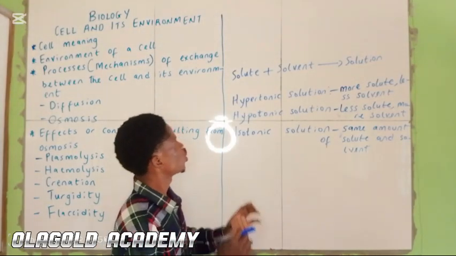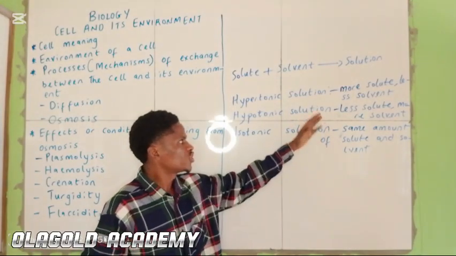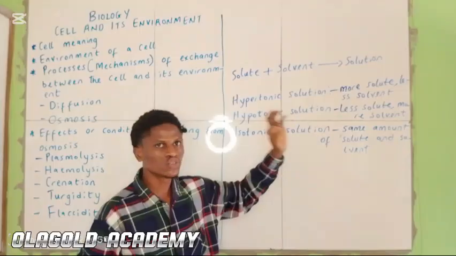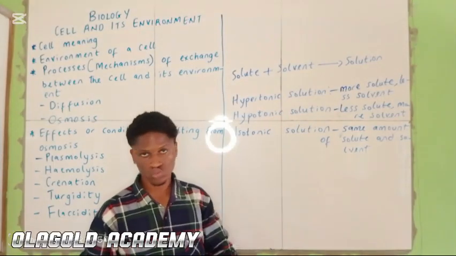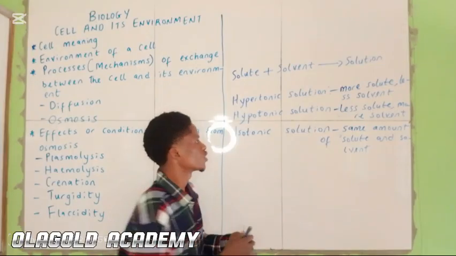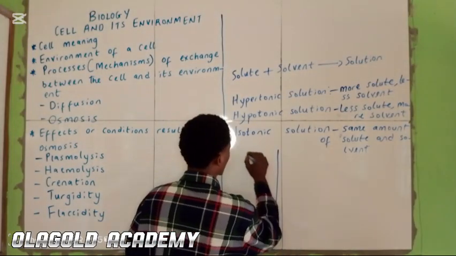Alright, we said osmotic pressure is caused when water molecules move into a hypertonic solution. For example now, we can have a container.